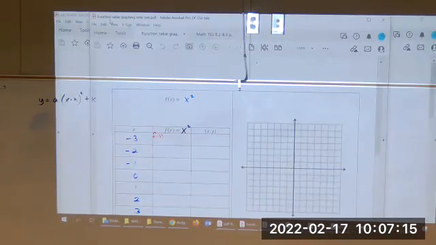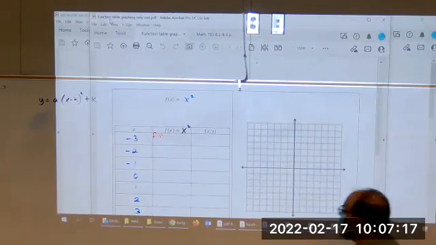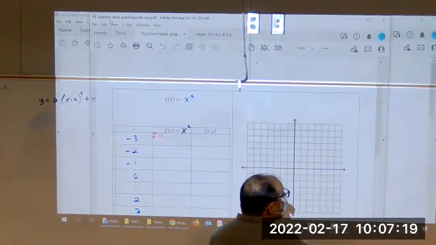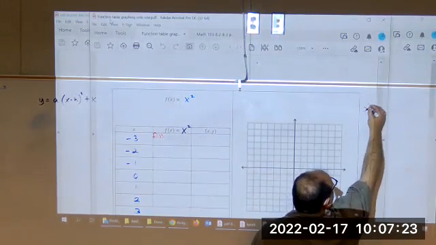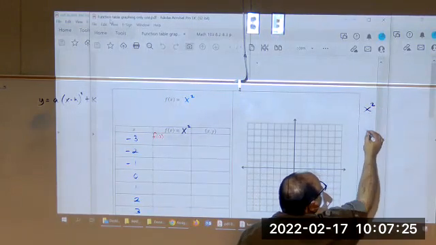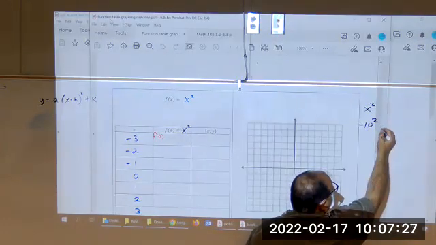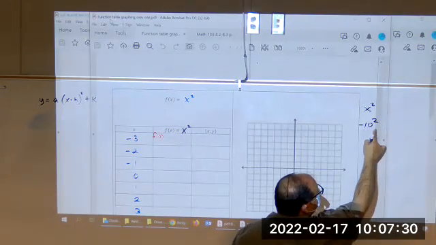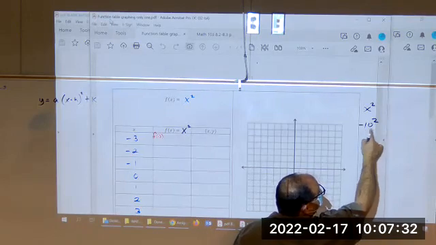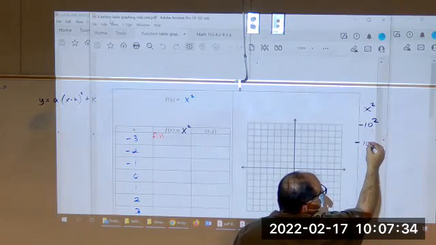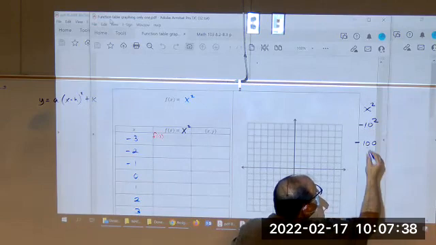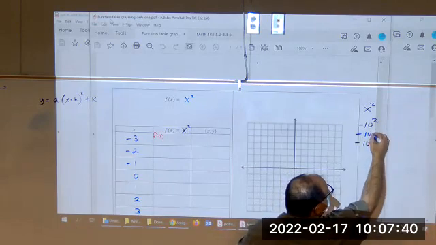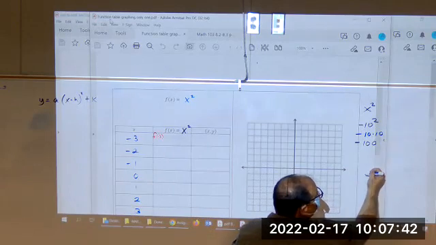Some of you lost points because you had to plug a negative into your function on the last test. You had x squared and you're supposed to plug in -10, so you went -10 squared. If you wrote -10 squared, the answer to this is -100. Because without parentheses, this is a negative and then 10 times 10.